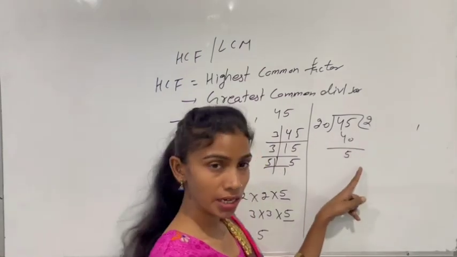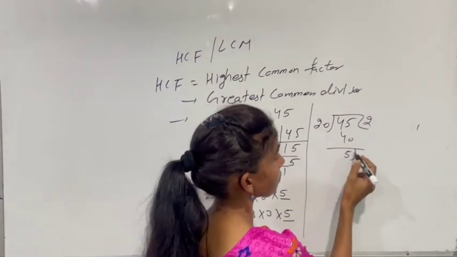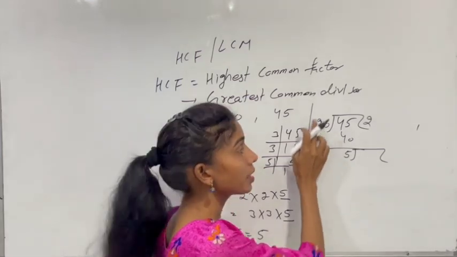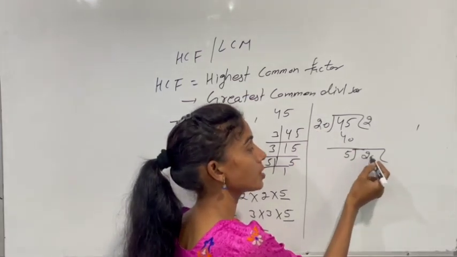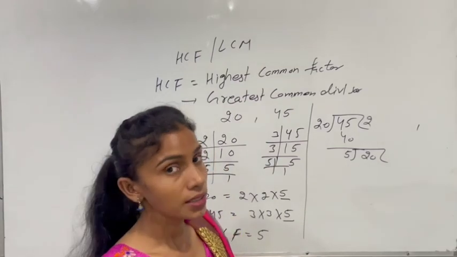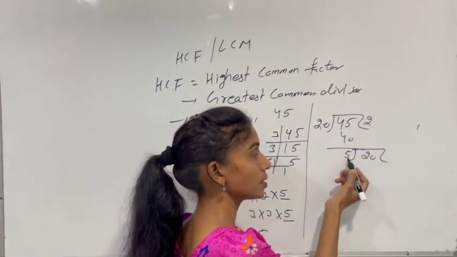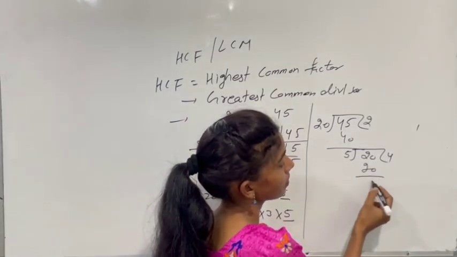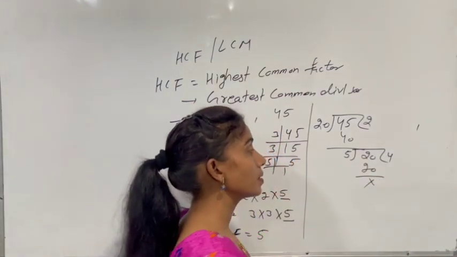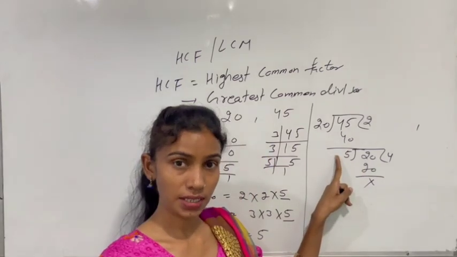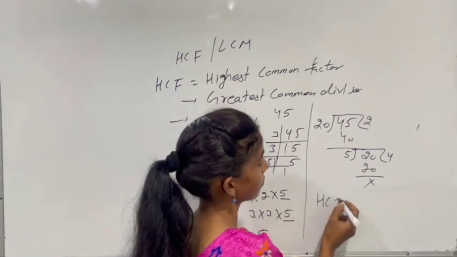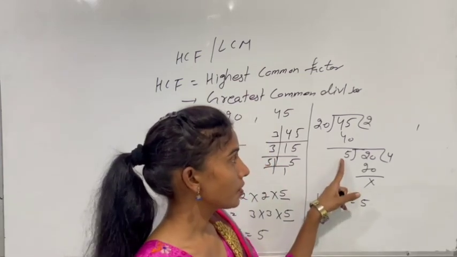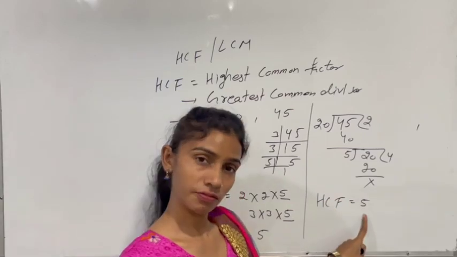In the second step, 20 was the divisor, but now 20 is our dividend, and the remainder is our divisor. 5 fours are 20, it's divided completely, so the last divisor is called the HCF. Here 5 is the last divisor, so HCF is 5.